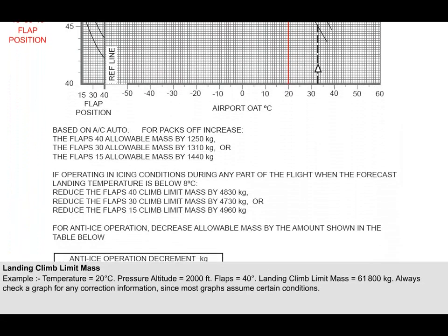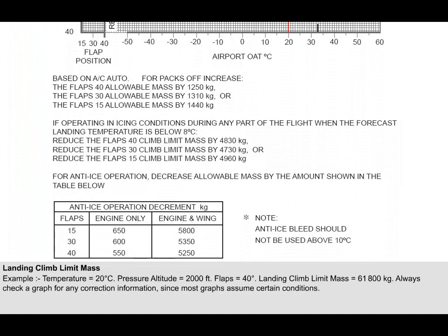Before we complete the study of the graph, ensure you have looked at any correction information. Notice that near the bottom of the page is a long list of corrections that may need to be applied. The graph is based on the air conditioning packs being on automatic. If the air conditioning packs are off, increase the landing climb mass by these amounts, depending on the flap setting.